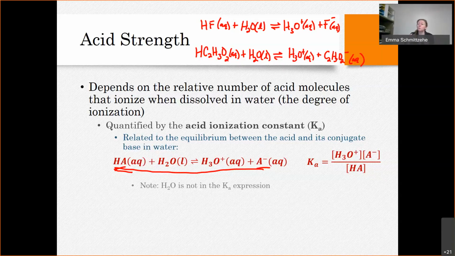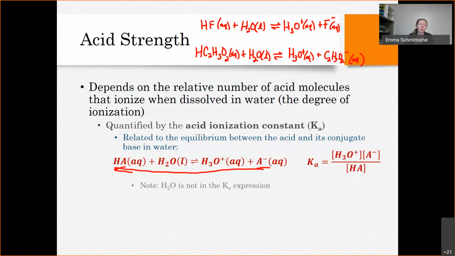And so you should be able to write this equilibrium associated with any weak acid given, but then how we quantify how weak it is or how strong it is is based on that Ka value, okay? And the Ka value, you can either calculate if you were given the information, or you could look it up in a table. Usually you find tables of them. But realize that just like any other equilibrium constant, they relate to the equilibrium expression.